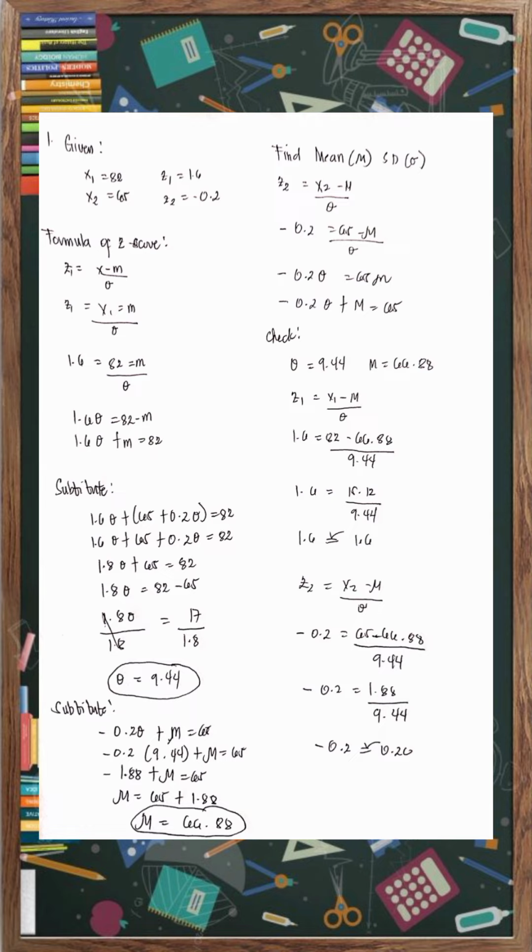So, kapag i-divide natin yung 1.88 sa 9.44, ang magiging sagot niya ay 0.20 or 0.2. Kaya equal siya sa negative 0.2. So, tama yung mean natin na 66.88. Yun yung solution number 1 kung paano ko nakuha ang sagot sa question number 1.